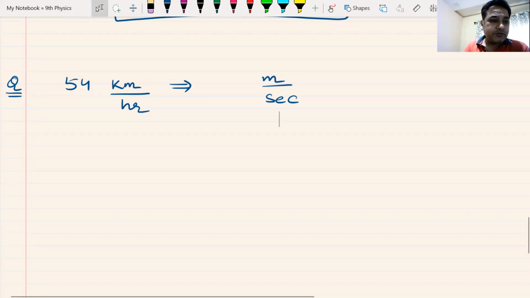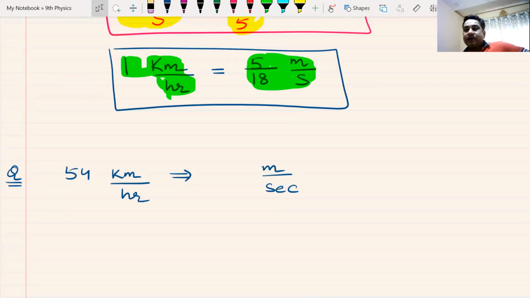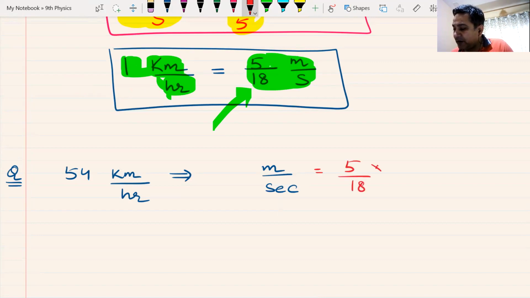So what you got to do is just remember how much is 1 kilometer per hour. 1 kilometer per hour, as you can see, is simply 5 by 18 meter per second. So how much is 54? 54 would be simply 5 by 18 multiplied by 54, 3 times, and the answer would be 15 meters per second.